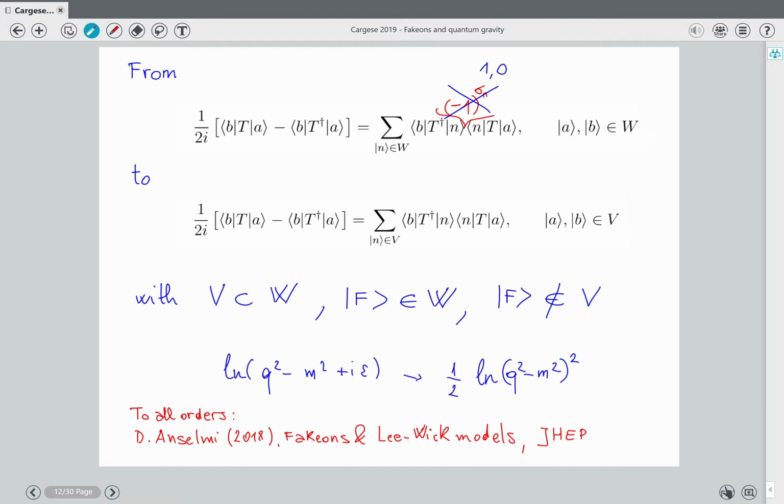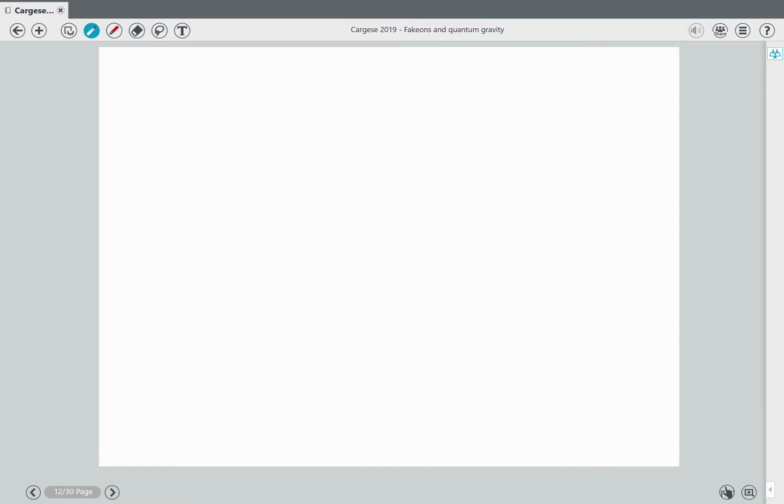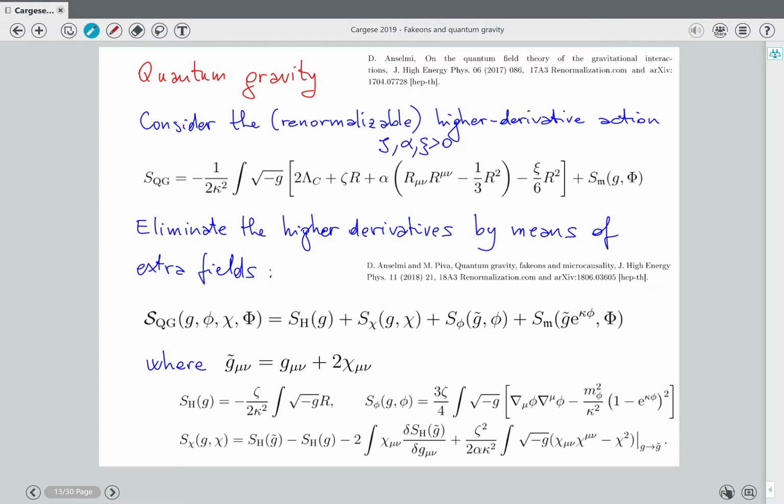What happens if I just take my two derivative theory and apply the same? In a moment, just give me one minute, and I will come to that because that's the interesting part. So quantum gravity, let's consider the candidate, the unique, strictly renormalizable higher derivative theory that you have, which is this one.